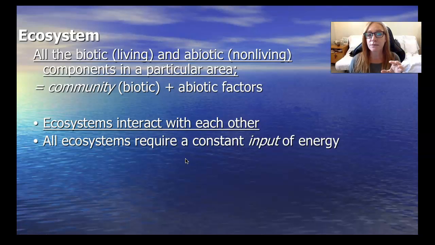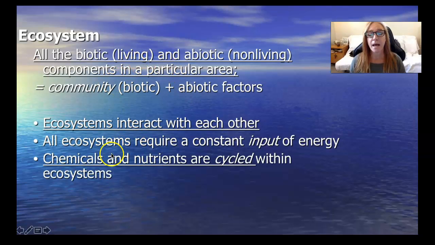For most ecosystems, that input of energy is the sun. We're going to talk about food chains and food webs next time. In some ecosystems where there is no sun available, like down in the hadopelagic and abyssopelagic zones, there are other sources of energy that organisms utilize to run their metabolic functions. We'll talk about those.